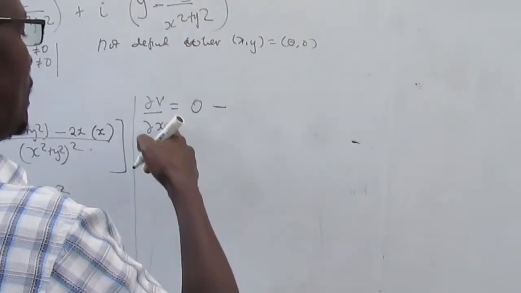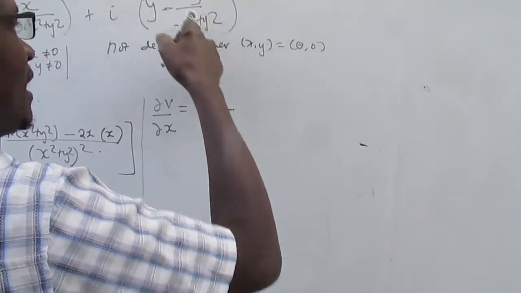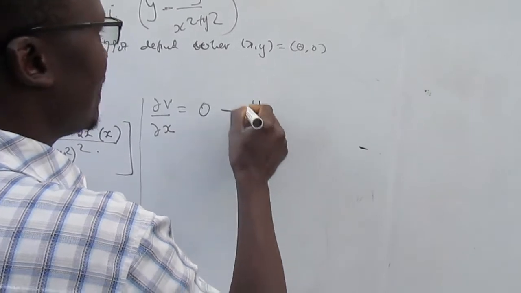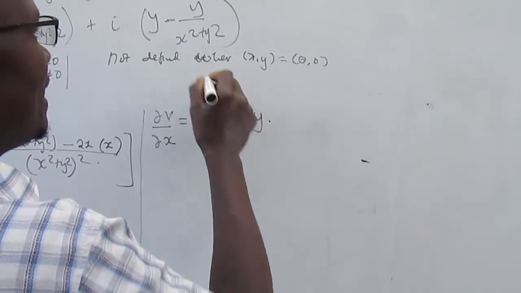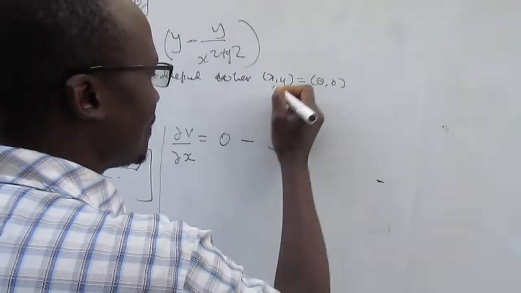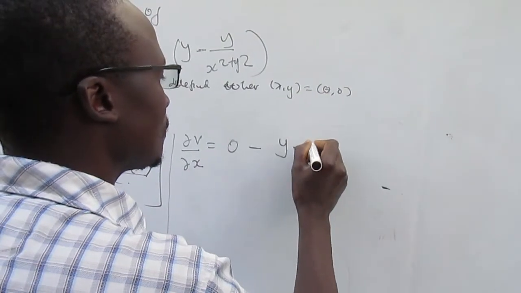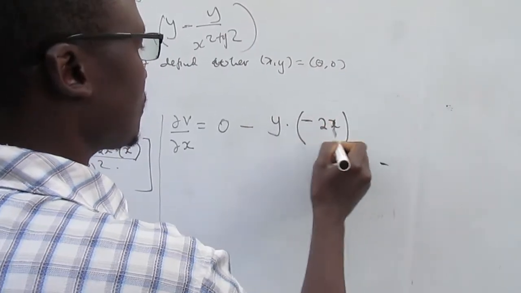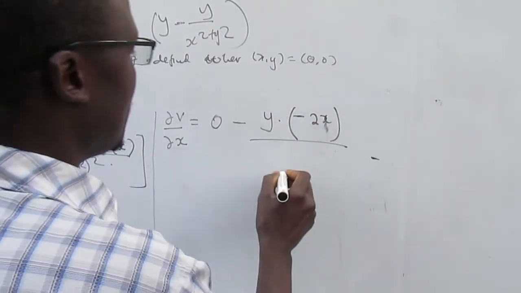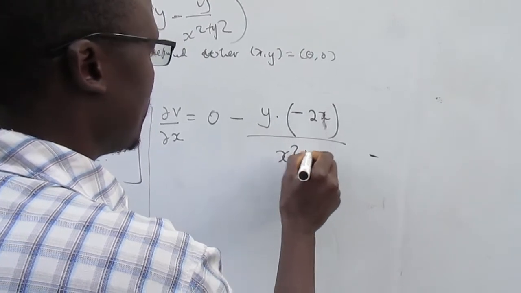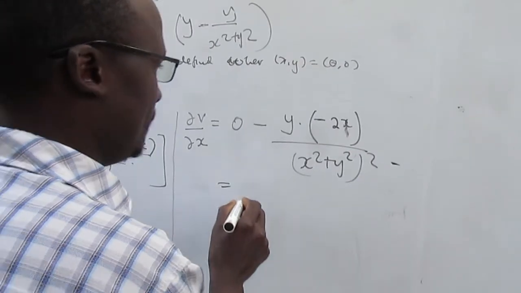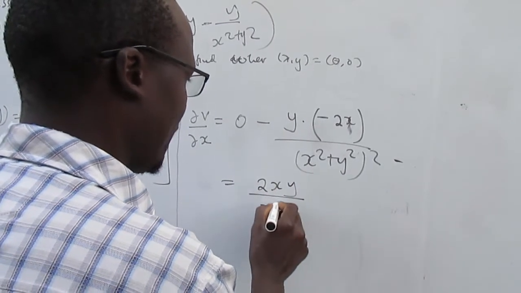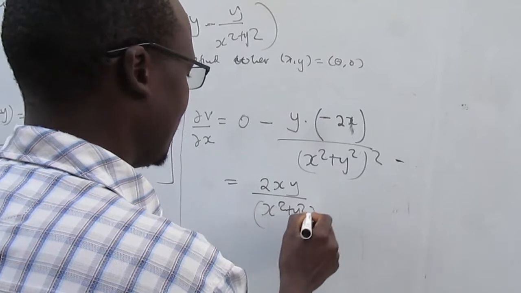So again, with respect to x, this acts as a constant, so we can make use of the quotient rule, and so we'll multiply y by the negative of 2x, and this whole quantity we divide by x squared plus y squared. And so this gives us twice xy over x squared plus y squared, the whole quantity squared.